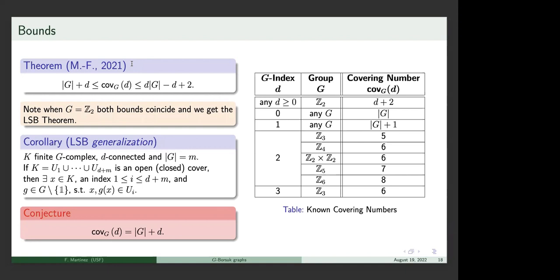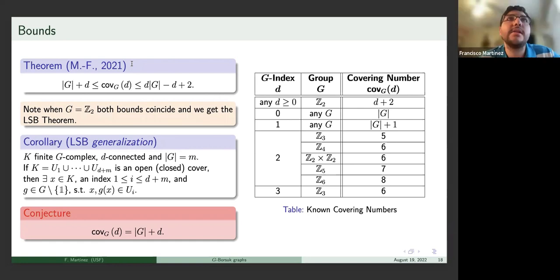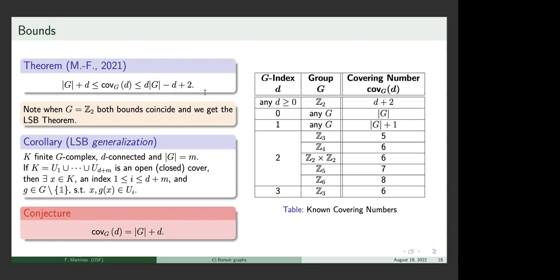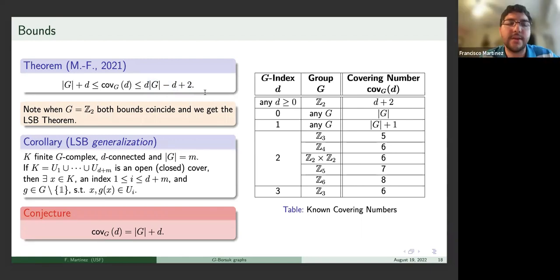Okay, thank you. I imagine that a similar idea to what we use for this upper bound can probably give some bound in that case, but I don't have that. Okay. Thank you.